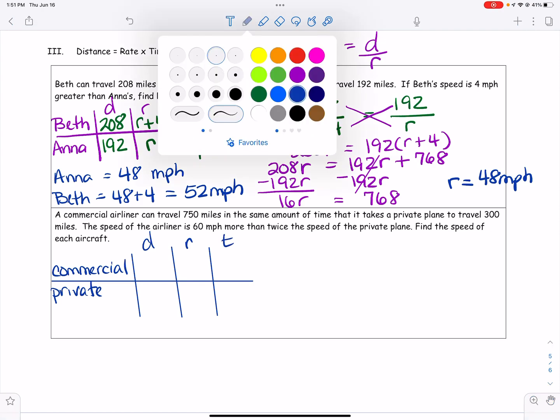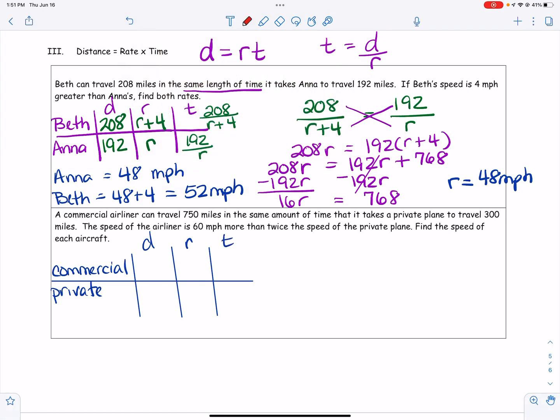And it says the commercial airliner goes 750 miles in the same amount of time, so that's going to be important, that it takes the private plane to travel 300 miles, and the speed of the airliner is 60 miles more than twice the speed of the private plane.